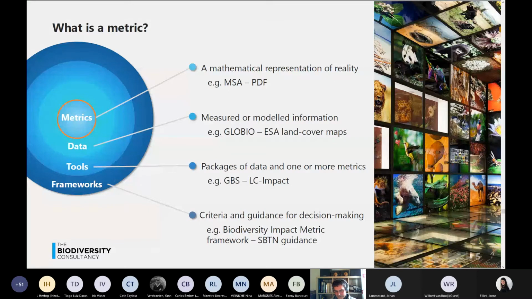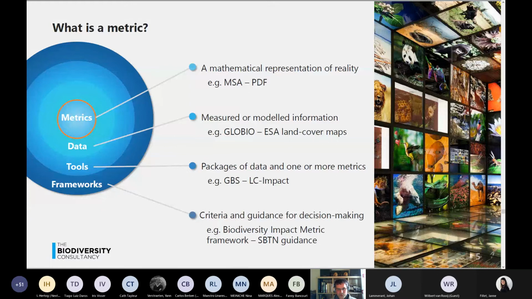So an example, like from the last presentation, would be GlobIO, but there are others, sources of land cover maps and so on. And then there are tools which package maybe one or more sources of information and of data and one or more metrics. So global biodiversity score would be an example, or just as Wilbert just presented, his calculator is an example of a tool that packages the GlobIO model and some associated data with a metric called MSA.